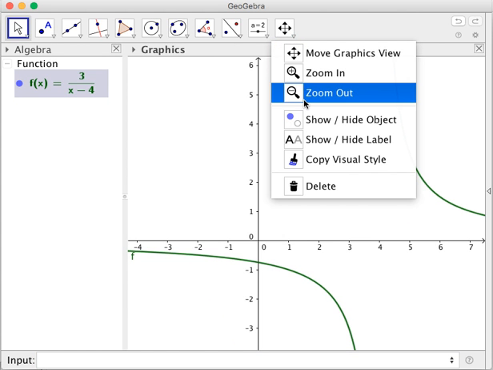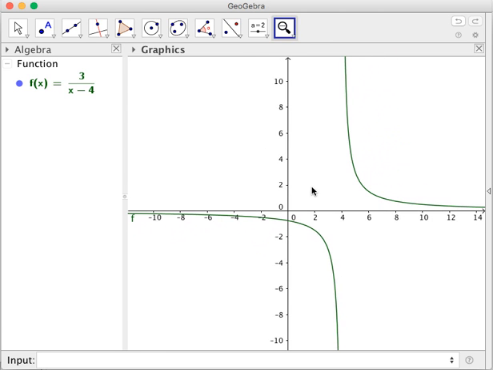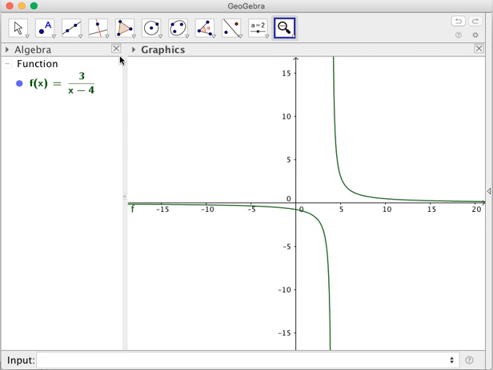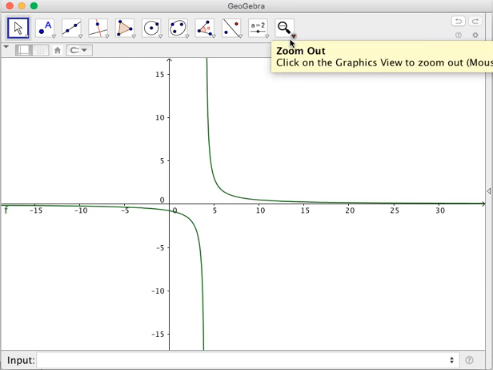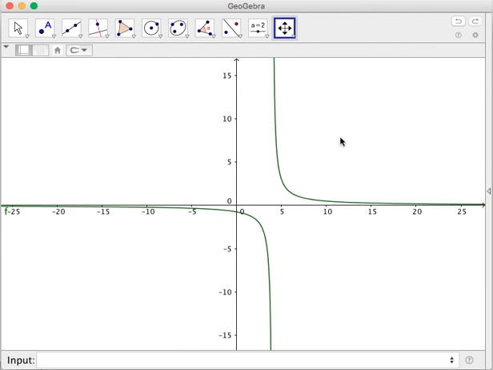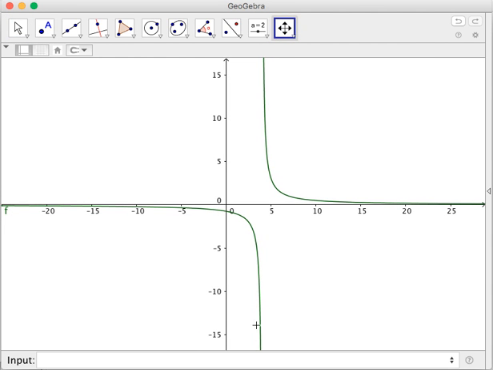We can, of course, zoom out para medyo kita natin yung itsura niya. So this is our x. This is the graph of 3 over x minus 4. At kung makikita nyo, it approaches 4, no? Tignan natin yung x equals 4 natin. Ito yung x equals 4 natin, yung vertical line na yan.